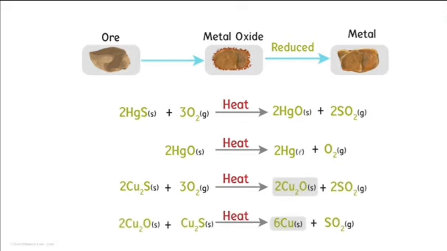Same is the case with copper sulfide. When copper sulfide is strongly heated in the presence of oxygen, we get copper oxide. And again copper oxide is heated to get copper as a metal.